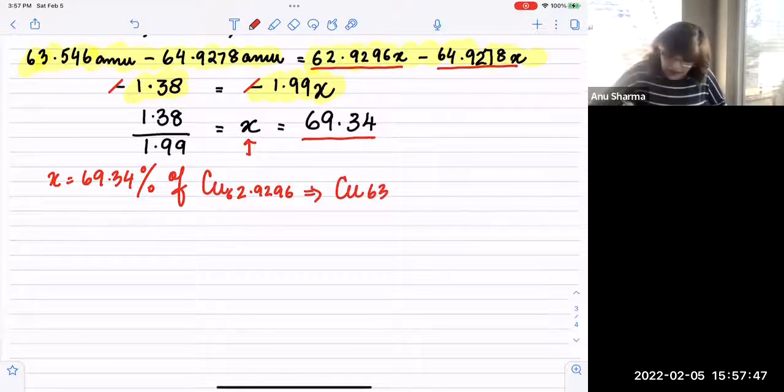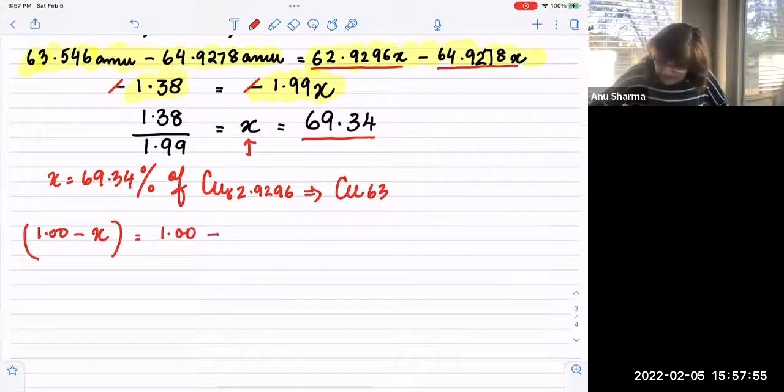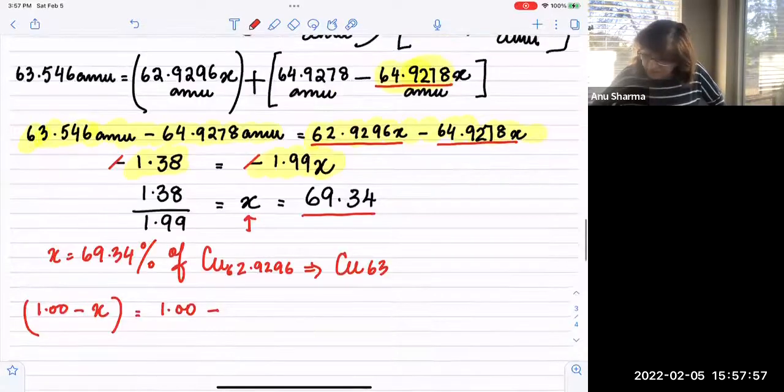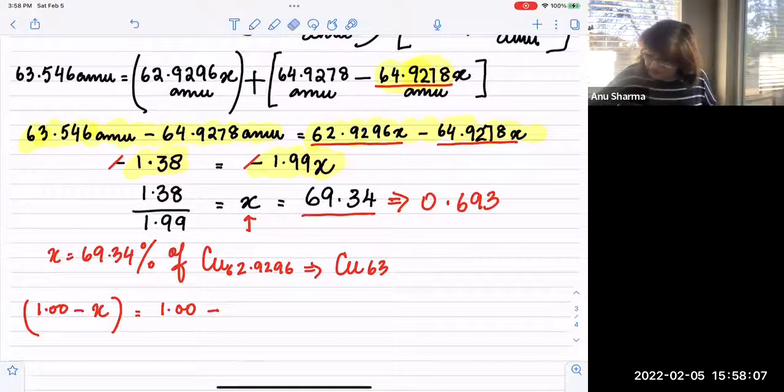Okay, but the other one is 1.00 minus X. Sorry, oh God, what am I doing here? This is 0.693, actually, not 69.34. That's obviously the percentage.